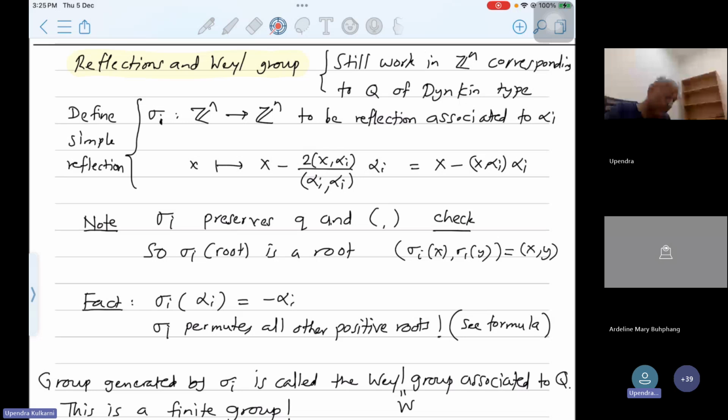You just see the formula. Look, now let's take x to be a root. Where is x going? It is going to something. Well, what happens? x has n slots. This formula sigma_i changes how many slots? It changes only one slot, right? So if x is a positive root, and if it is other than alpha_i, then it will have at least one other slot that is non-zero.